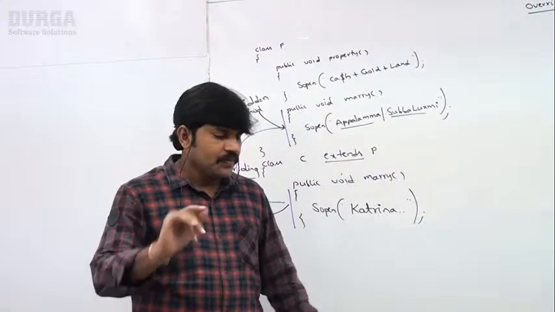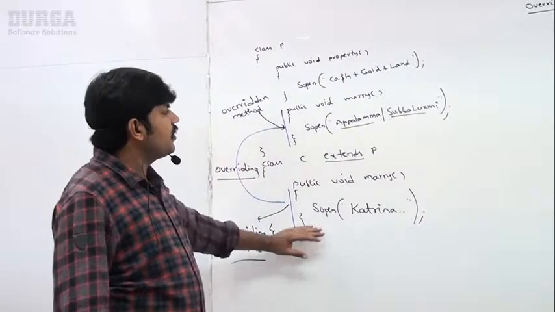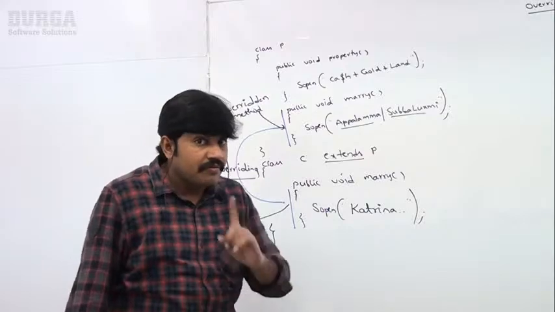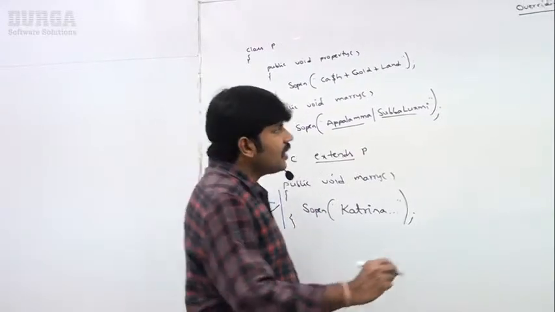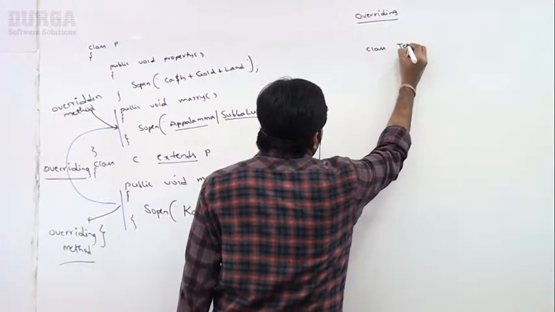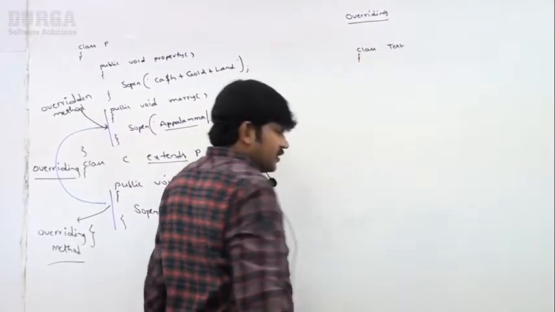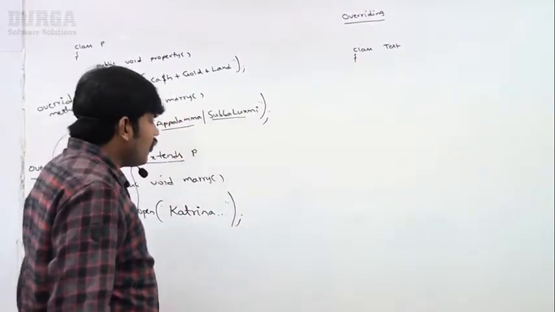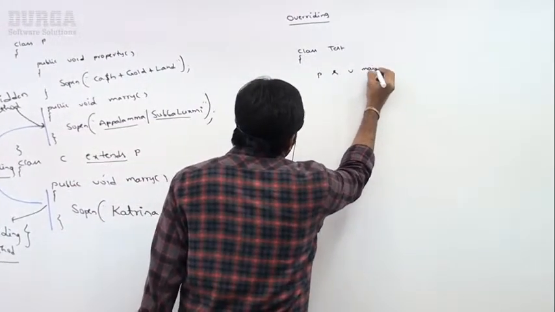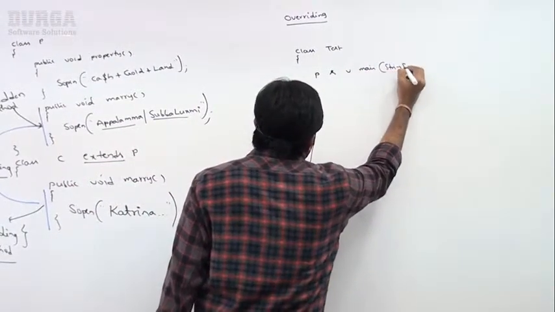That is the overriding concept. Now observe carefully how method resolution works, which is very important. I'm taking a class Test, with public static void main, String array args.